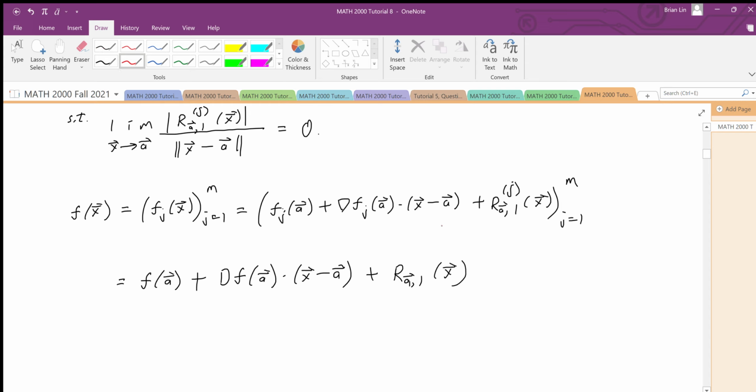Because the remainder term for f itself can be thought of as the remainder term for each of the component functions at a1 x. So all we did is just move some terms around.